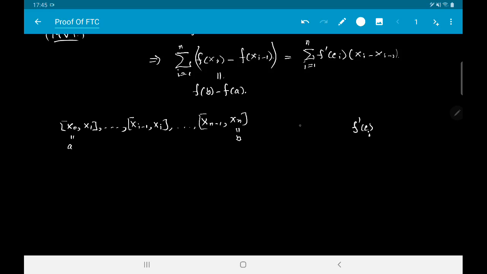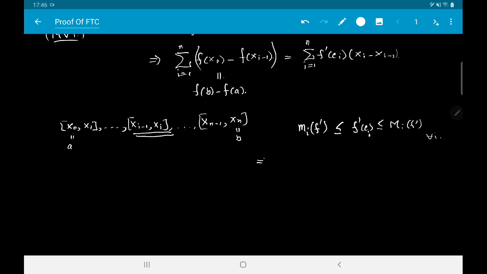If I want to compare this with mi, small mi of f prime, we do not know whether f prime(ci) is equal to small mi of f prime, but we can surely say that this inequality is true, because small mi of f prime is of course the infimum of all the values that f prime takes in the interval [xi−1, xi], and this is by a similar argument less than or equal to big Mi of f prime, and this is true for all i.